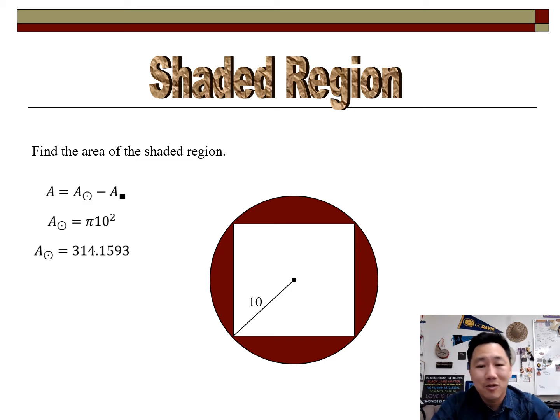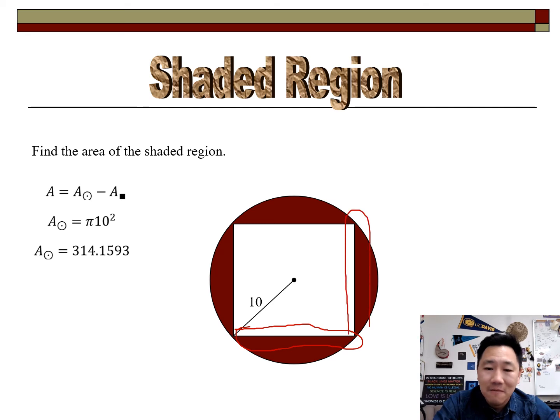Let's go ahead and find the area of the square. This one's a little bit more tricky. You have to remember that the area of a square is base times height. But neither the base or the height is given, which makes it a little bit tricky. Here's what you do. You go ahead and draw this piece in.